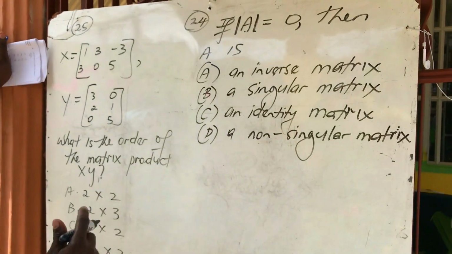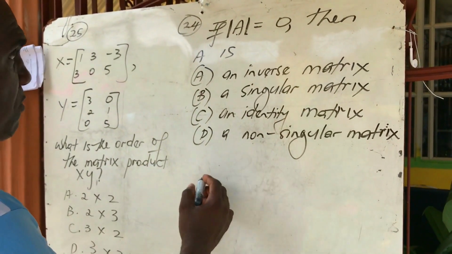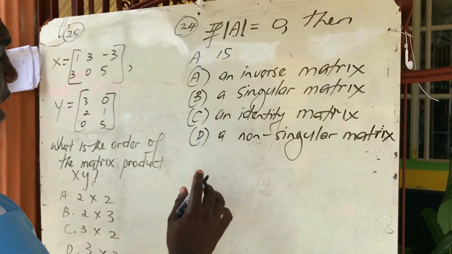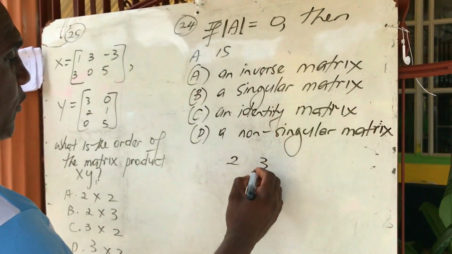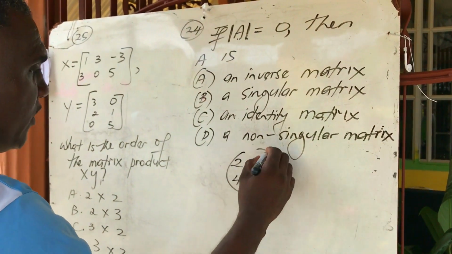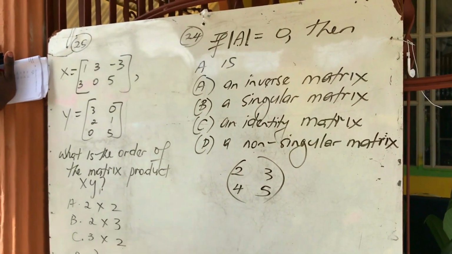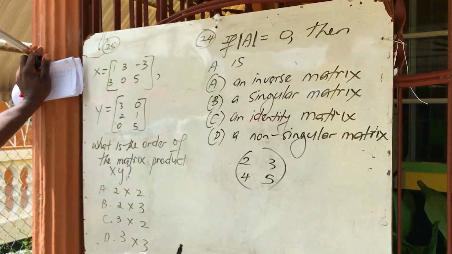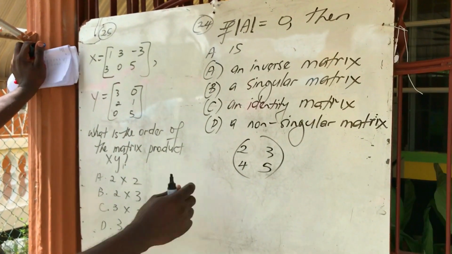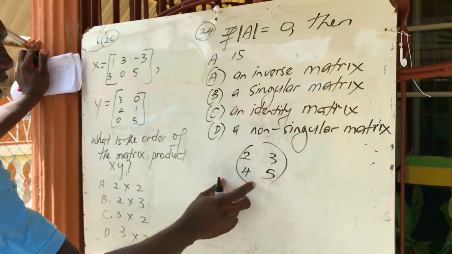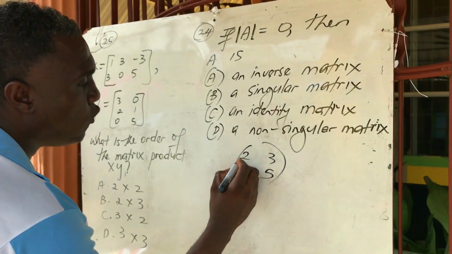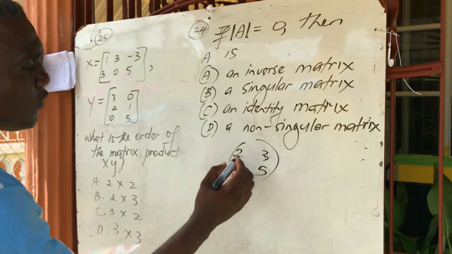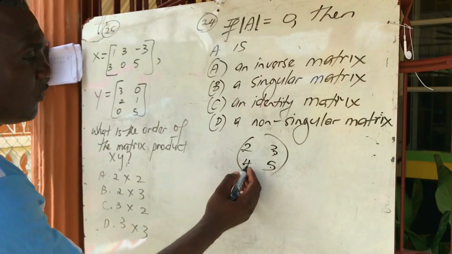Now, let us say we have a 2 by 2 matrix, and we write it as, say, 2, 3, 4, 5. When you say a 2 by 2 matrix, what exactly is a matrix? A matrix is an array or an arrangement of numbers in rows and columns. So 2, 3 would be our first row, 4, 5 is our second row.